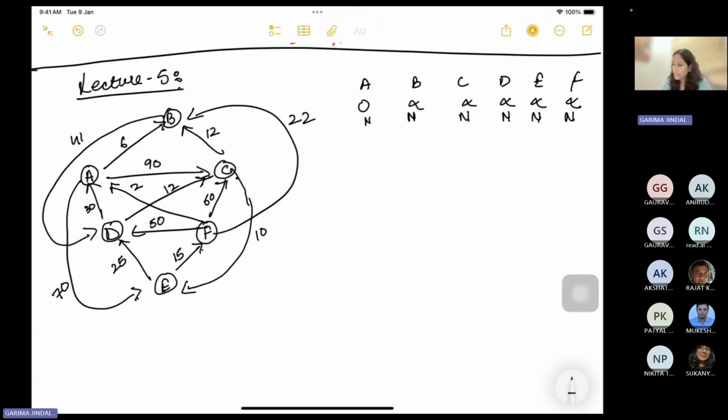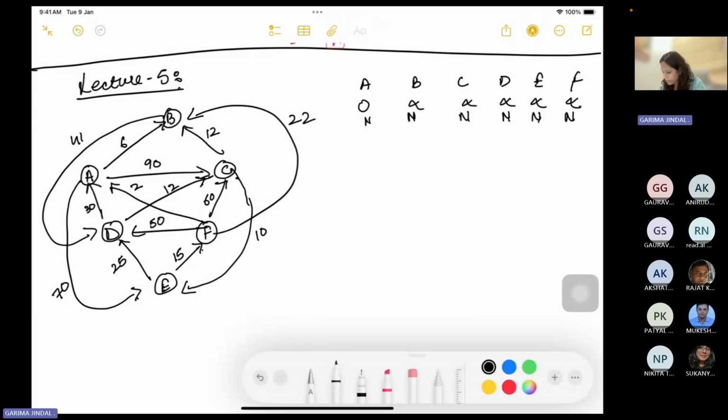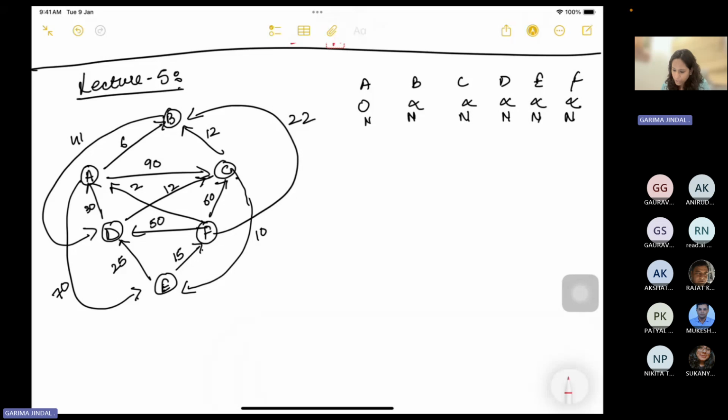Now initially we will start with node A, our source node. From source node A, we are going to identify which nodes can be reached, and for those nodes, we are going to calculate the cost function.